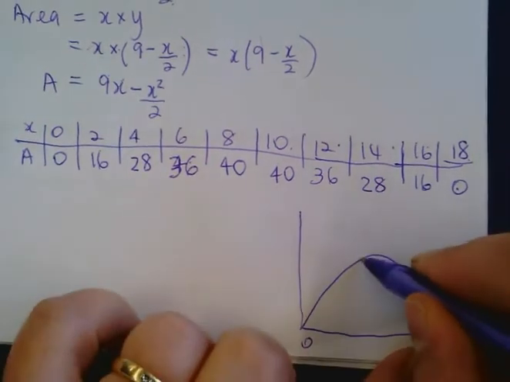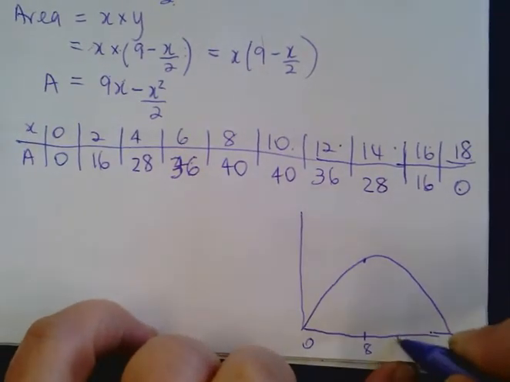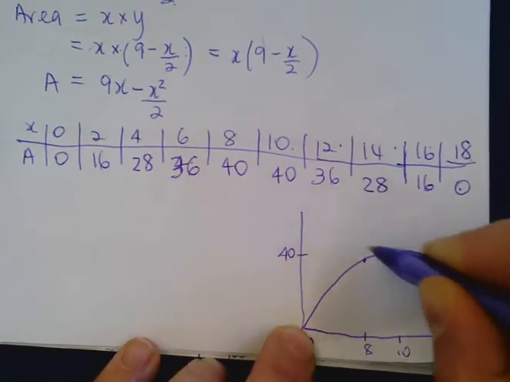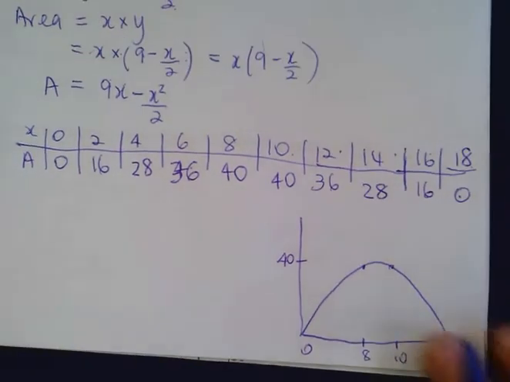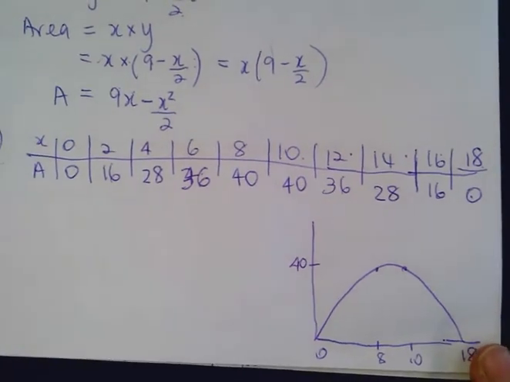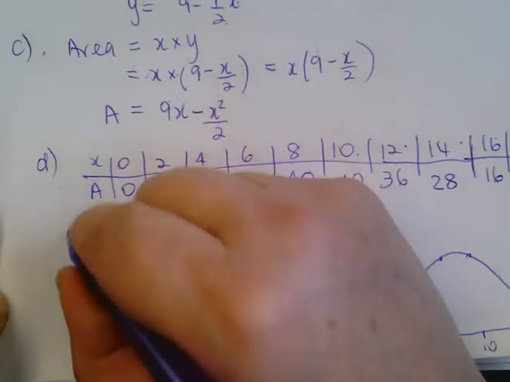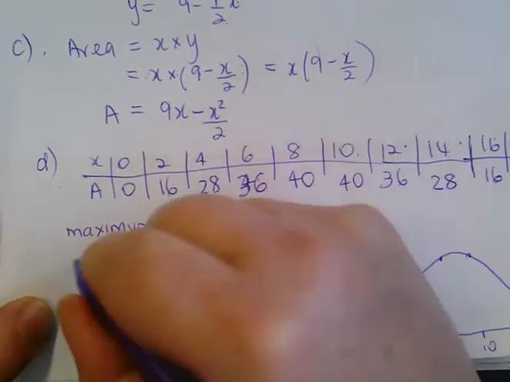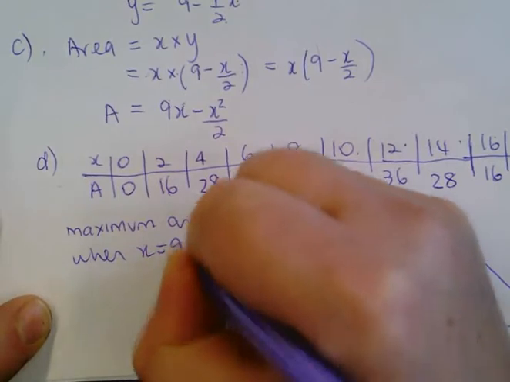So we know that at 8 and at 10, we're hitting the value of 40, but somewhere between 8 and 10, and it will be halfway because of the symmetry of the parabola, we will have the maximum. So the maximum area is when x is 9.